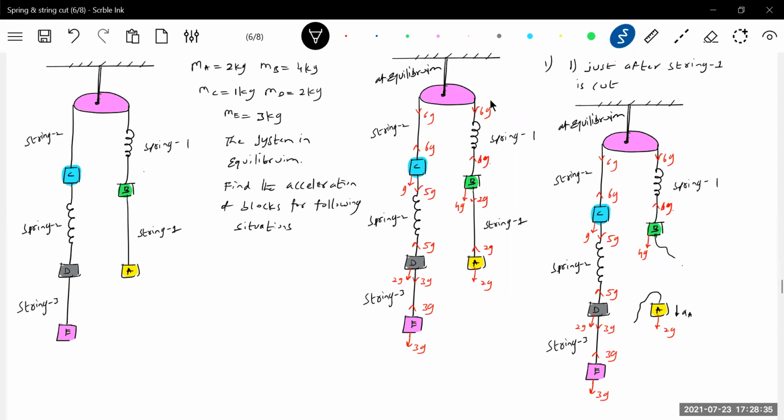Very carefully, so many things are there. First we'll start with the spring 1. When you cut this, anything will happen here. The block B, will it move?